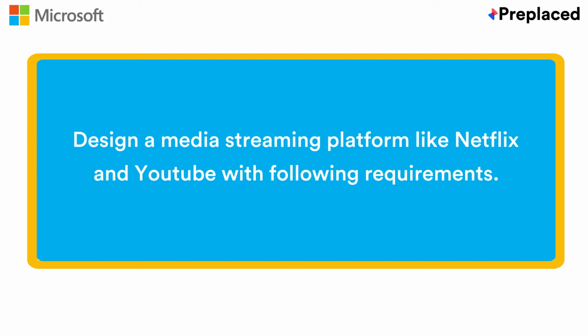So next time whenever you log in, you want to resume that movie from that time onward. So it is like that. Can you think about designing a system similar to YouTube or Netflix?